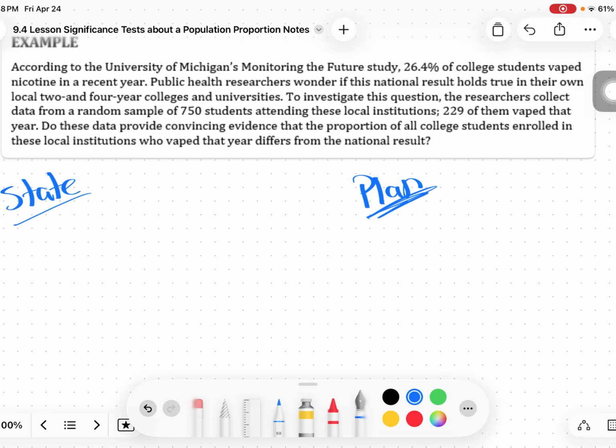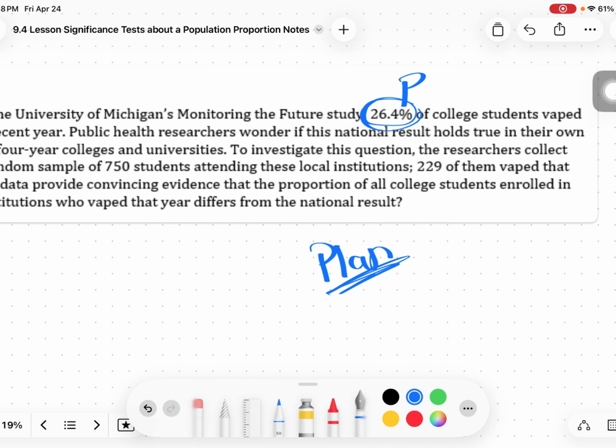So you should have practiced doing hypotheses in the last lesson. We've been checking these conditions now for a few weeks. And so let's talk about the calculation part. We have a hypothesized value of 26.4%. So that is 0.264.